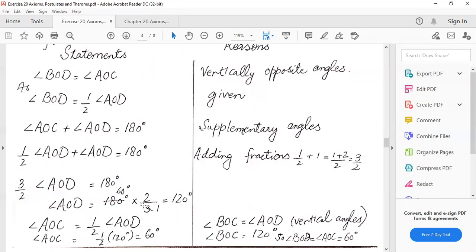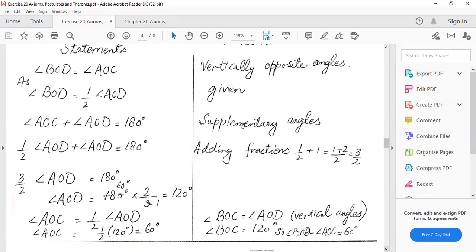Whenever something is multiplied and goes to the other side, the fraction is inverted: numerator becomes denominator, denominator becomes numerator. And AOC is AOD, and BOD is the vertical angle, and then we keep the value and get AOC equal to 60 degrees.